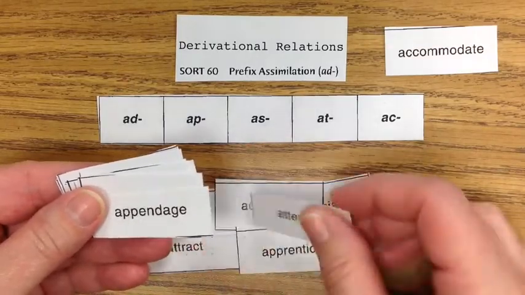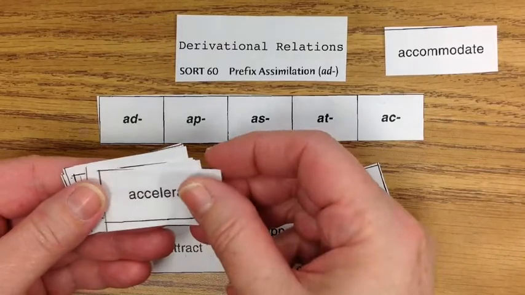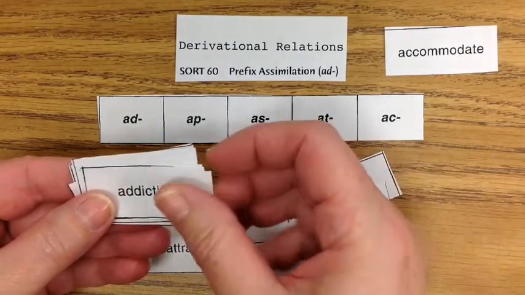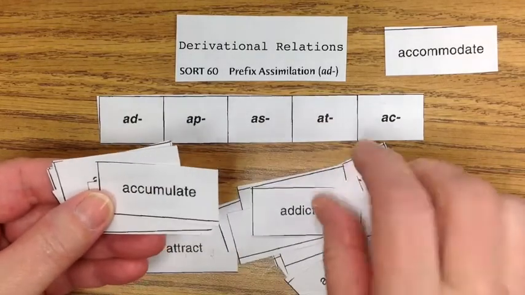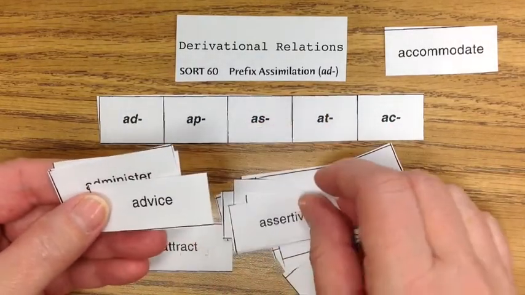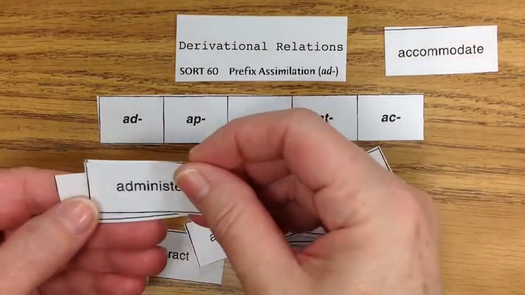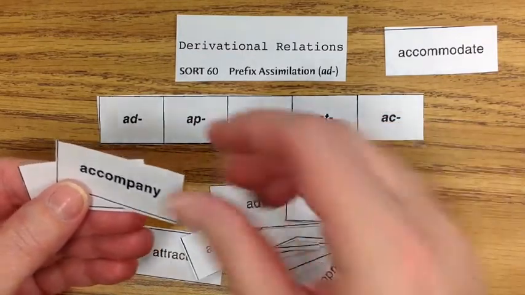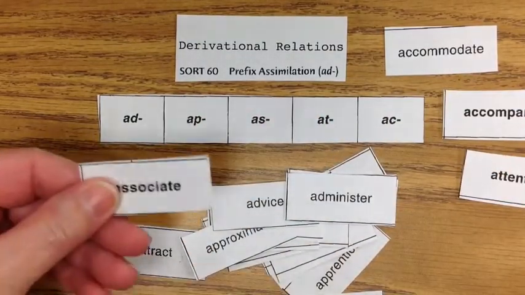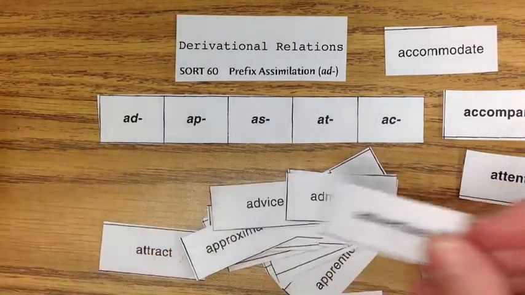Apprentice, attempt, appendage, adhesive, accelerate, assignment, appoint, addictive, accumulate, attribute, assertive, there's another one, approximate, advice, administer, accompany, attentive, oh, here's some more, associative, approach, advertise.